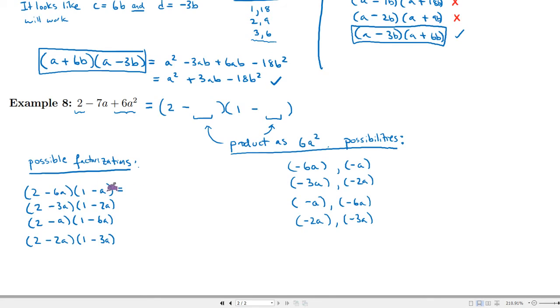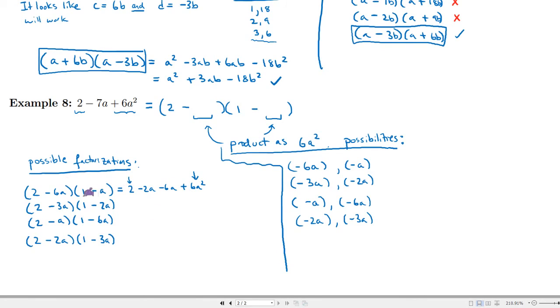So here, foiling this out, we have 2, and then minus 2a, minus 6a, and then plus 6a squared. And notice that the first and last terms should match what we initially had, because with this process of trial and error, you're rigging it so it's guaranteed the first and last terms are going to match.